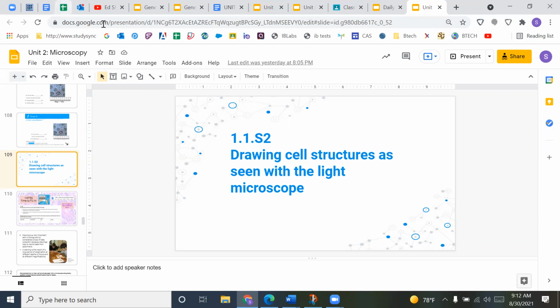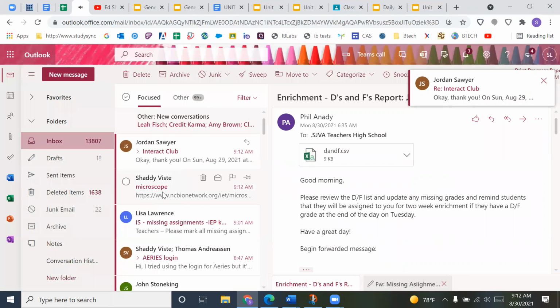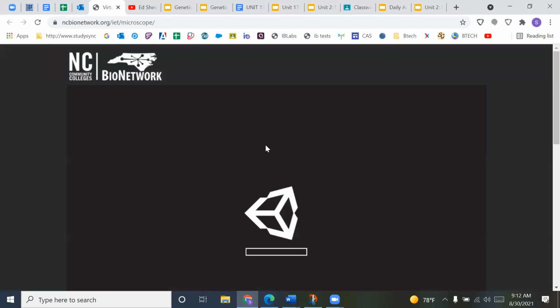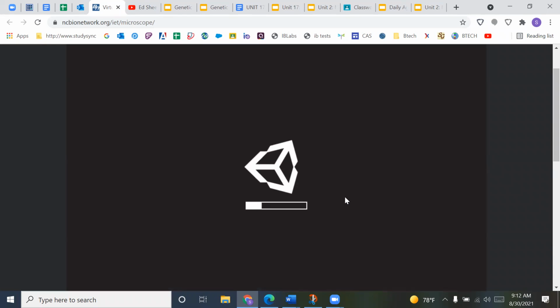Where's your email? Someone joining the Zoom. Yeah, that's me. Oh, the partner in the back. Let it load. It's going to take a while.